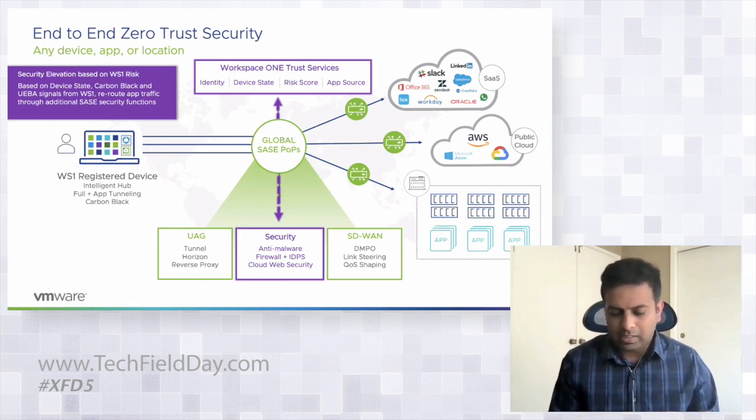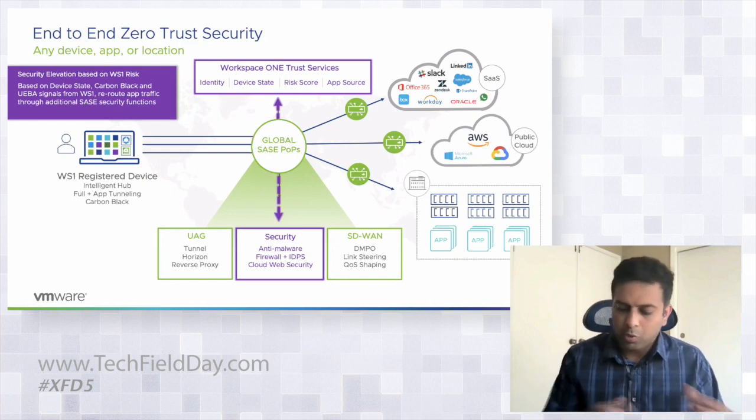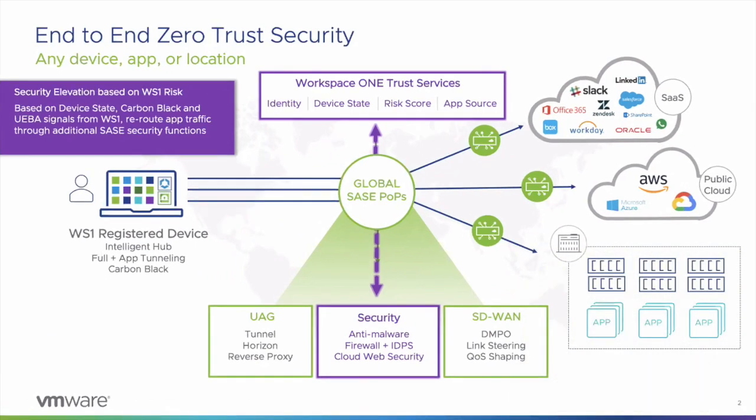What we did with Secure Access is we brought two industry-leading components together, and we offer it as a service. Most of you might be familiar with VMware Workspace ONE. It's a leading unified endpoint management product, and it has a lot of endpoint and device security related features.